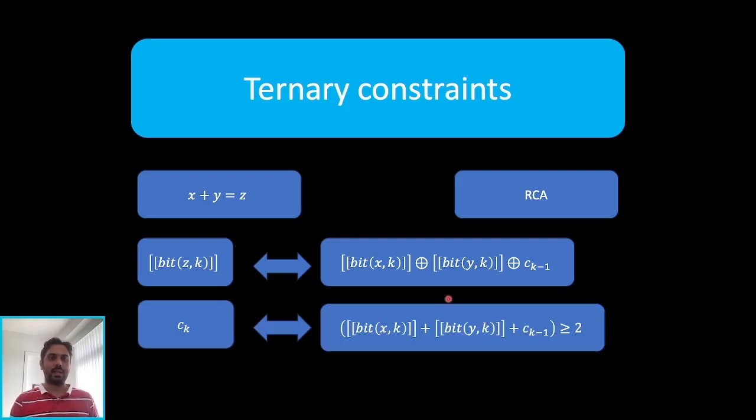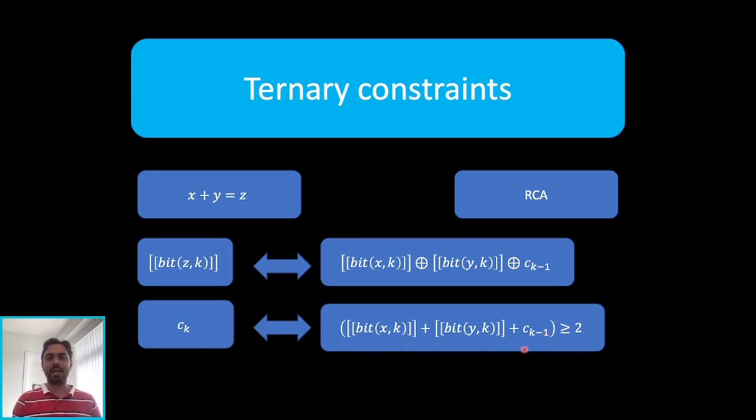That is the carry part, and that can be done again using a formula involving the kth bit for x, the kth bit for y, and the previous bit carry. If any 2 of them are 1, then we set the carry to 1. This is not a constraint in clause format, but it is easy to write as a set of clauses, so we have to write 3 to 4 clauses to represent that.